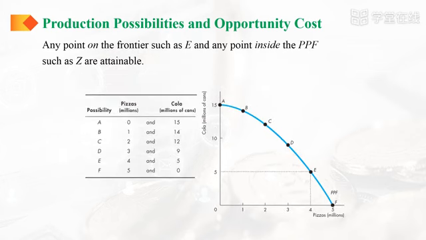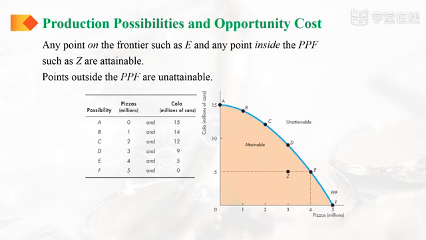We can produce at any point inside the PPF or on the PPF. Those points are attainable. For example, we can produce 4 million pizzas and 5 million cans of cola. The figure shows this combination as point E and as possibility E in the table.